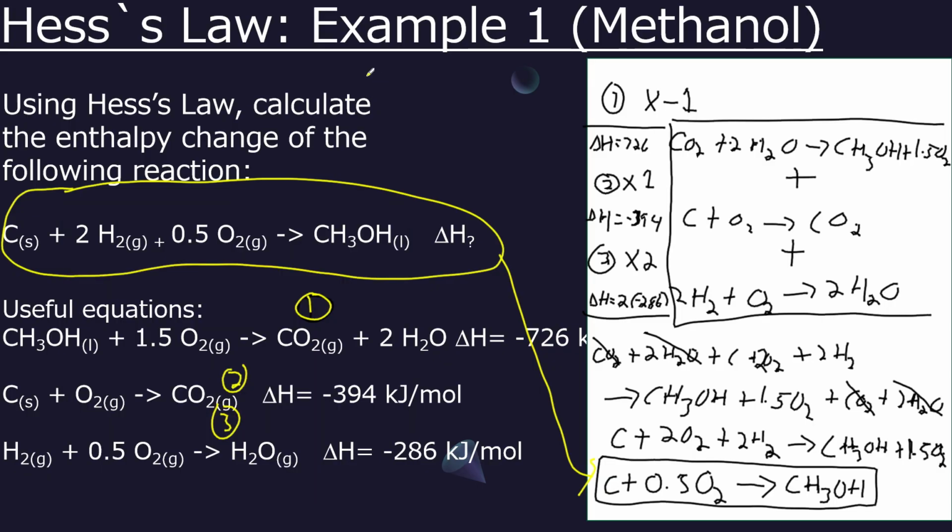So delta H unknown is equal to plus 726 minus 394, and then plus 2 times minus 286, and we will get minus 240 kilojoule per mole.